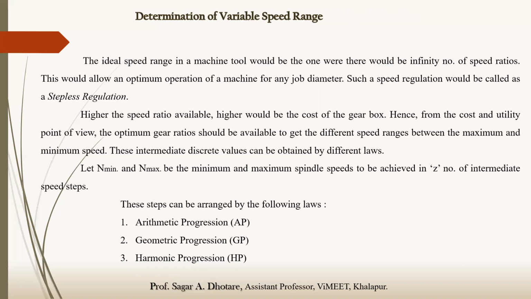These intermediate discrete values can be obtained by different laws. Let n minimum and n maximum be the minimum and maximum spindle speeds to be achieved in z number of speed steps.